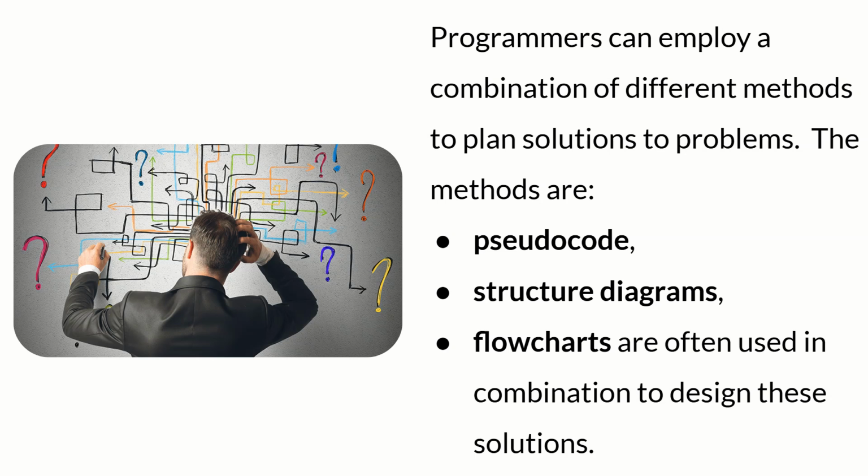Huh? You are not getting my question. There are certain methods over here: pseudocode, structure diagram, flowchart. I said we have 4 development life cycle stages in computer science. Which of them do we apply these things in?